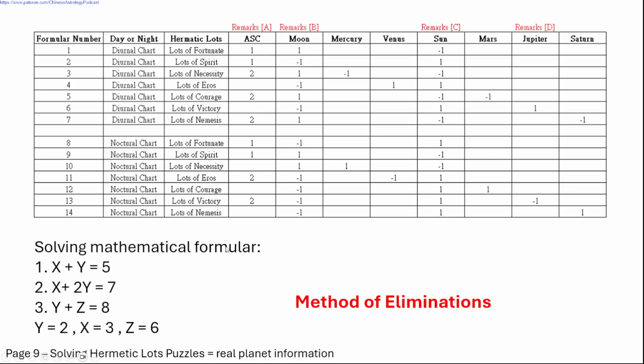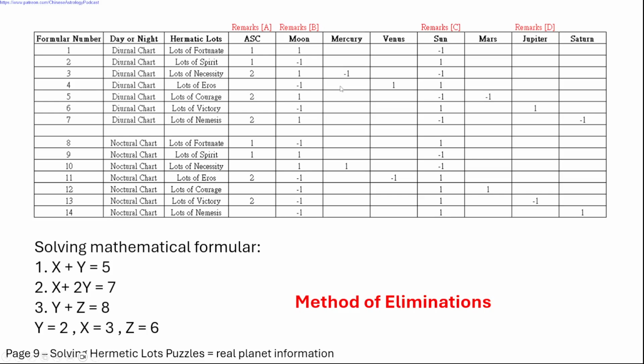Okay, then we put all geometric laws into one dashboard. So this is the day chart, this is the night chart, which is like solving puzzles, like playing Sudoku. The method of elimination helps to rule out some individual parameters. As in chapter 3, we introduced the lunisolar calendar.